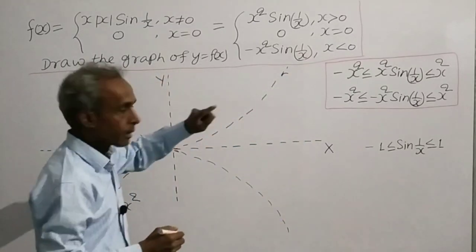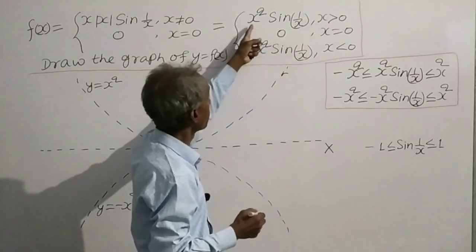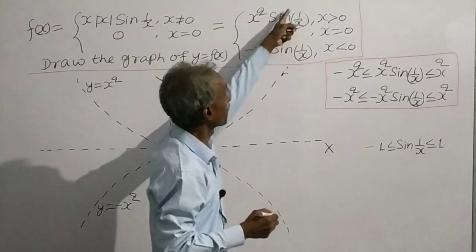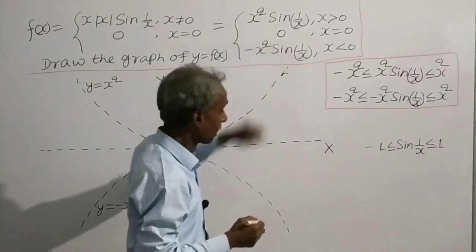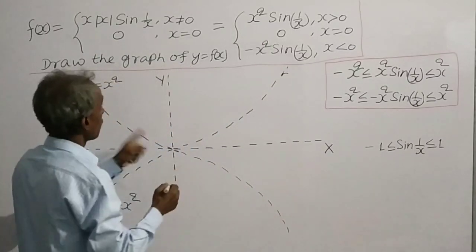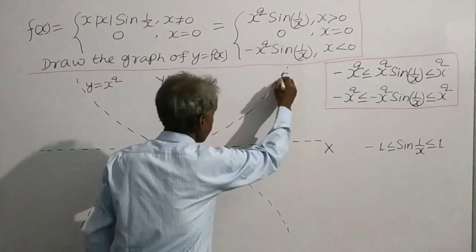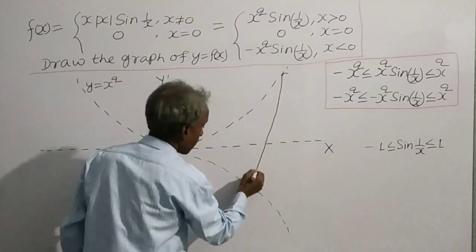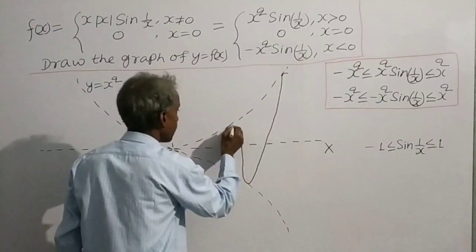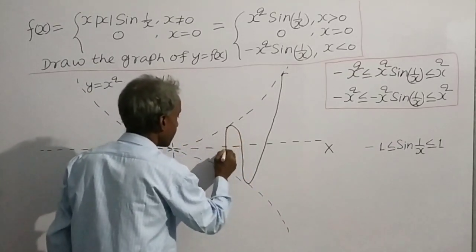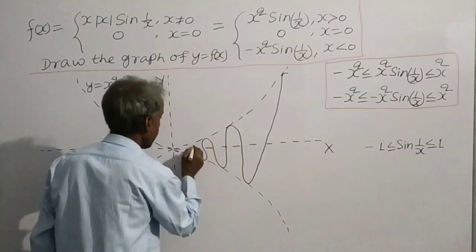When the value of sin 1 by x is minus 1, then x square sin 1 by x will be minus x square. Therefore, the graph of y is equal to f(x) will touch this parabola. Similarly, this will again touch this parabola, then again touch this parabola, something like this.